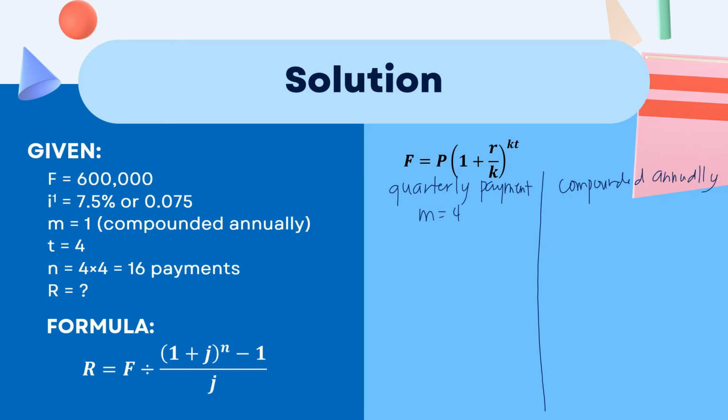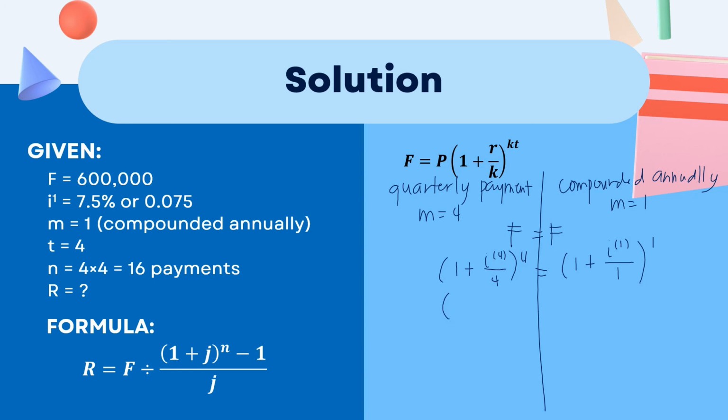So, ibig sabihin, ang M naman natin is equal to 1. And again, paulit-ulit lang natin na step, F is equal to F. We have now 1 plus the interest quarterly is equal to 1 plus the interest annually, raised to 1 lang po siya.